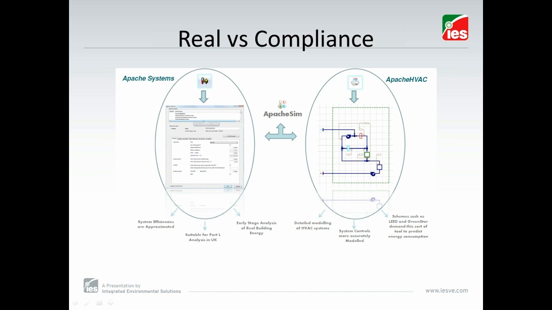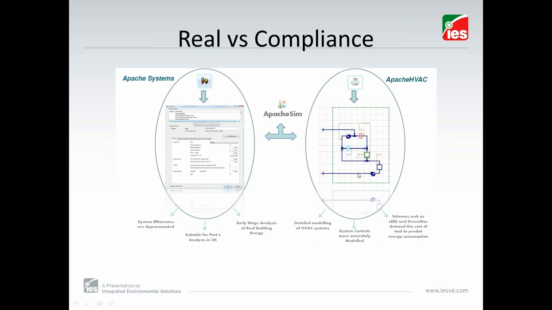So with Apache Systems, we've covered this in other sessions before, but the system efficiencies are approximated. It's okay for maybe early stage analysis, and obviously for demonstrating compliance from the early stages.